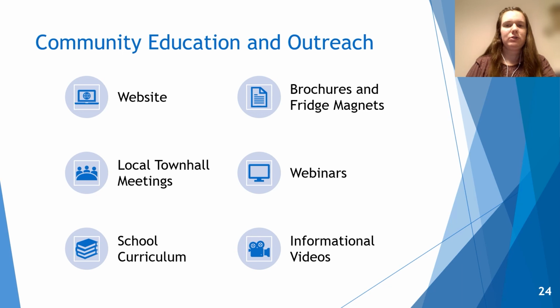We also recommend the development of brochures and fridge magnets that could be mailed directly to residents, and the organization of local town hall meetings and webinars to allow for in-person options, as well as an option for people who live further away from the town and or have mobility issues and aren't necessarily able to come to the physical in-person meeting. Also, if the person doesn't necessarily have reliable access to internet, they may prefer an in-person option. So having that flexibility will be important to making sure that everyone in the community is involved.